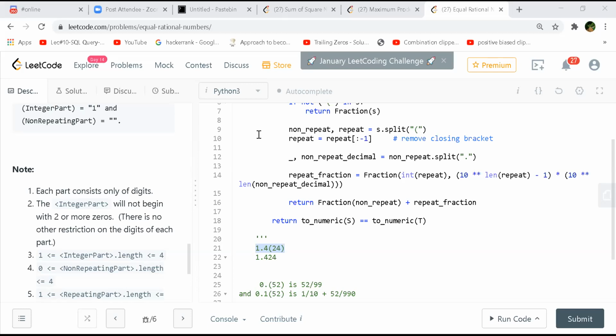So one is the way you have done, or the second way is to normalize the string, in the sense that when you have 0.52 with a repeat of 52, you add 52 about 16 times or 20 times. And the same thing you do for the one on line 26 with 0.152. Then you say 1 and then 52, or maybe it's not correct that way.